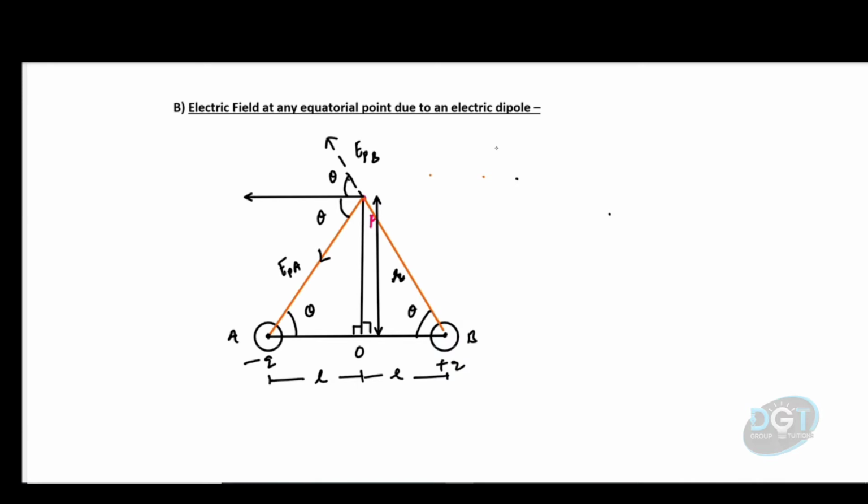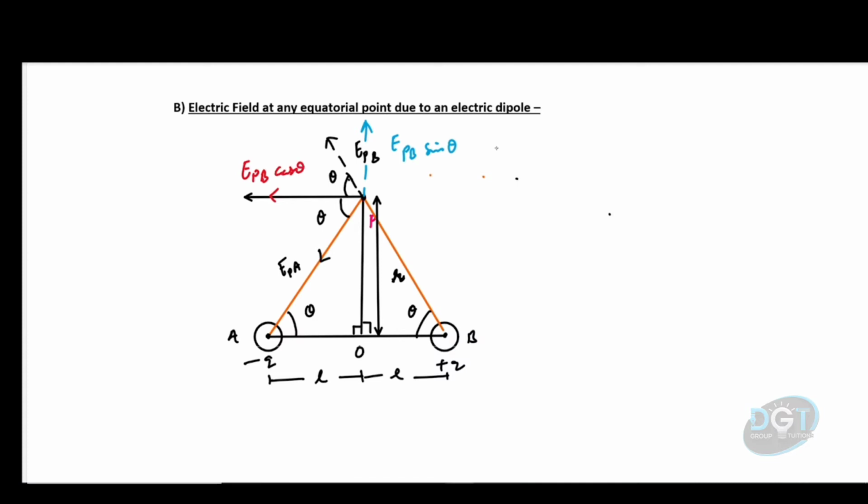Now since electric field is a vector quantity, it would have components. So EPB, electric field at P due to B, would have two components. One would be with this dotted blue line, which is EPB sin theta, and the other one would be along this line, which is EPB cos theta.